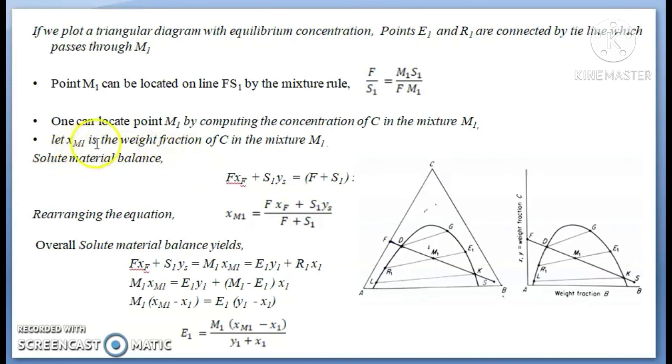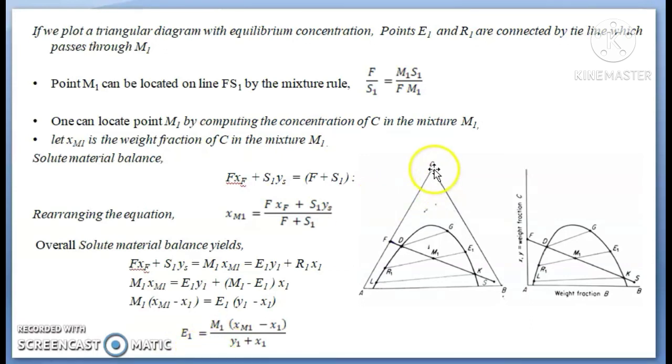If XM1 is the weight fraction of C in the mixture, then we write the solute material balance: XM1 times M1 is equal to F XF plus S1 Ys. The overall solute material balance is made over the operation before settling, after mixing to form the mixture, and the mixture settles into the extract and raffinate phases, from which we obtain the quantity of extract phase obtained after the operation.